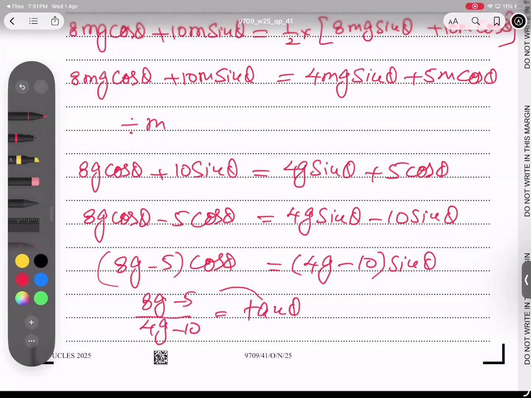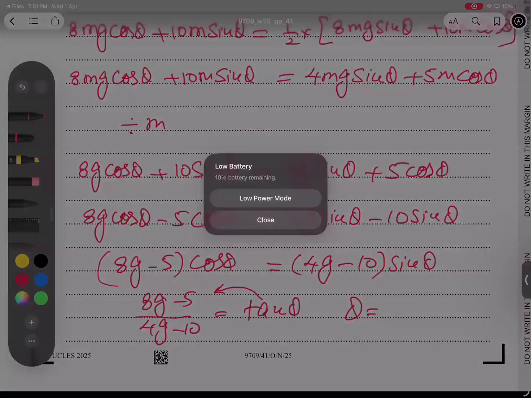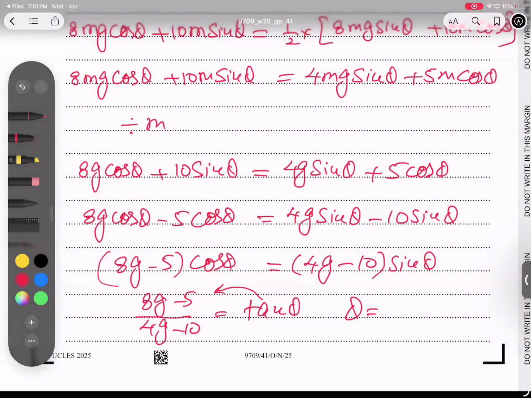So if I take the tan inverse of this side, I'm going to type it in the calculator. First of all, 8 times gravity value 10, minus 5. 80 minus 5, 75 comes in the numerator. And in the denominator, 4 times 10 is 40, minus 10, 30 comes here.